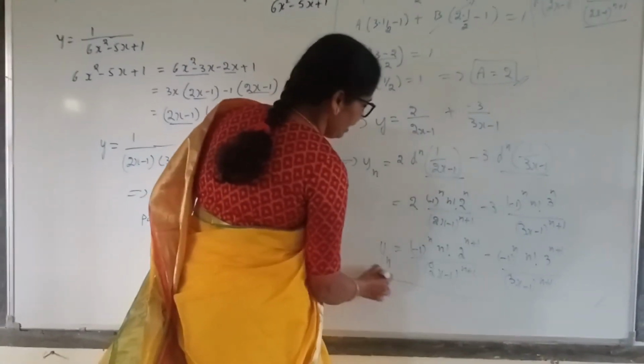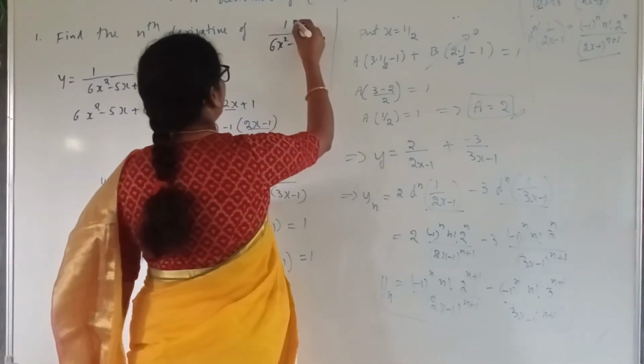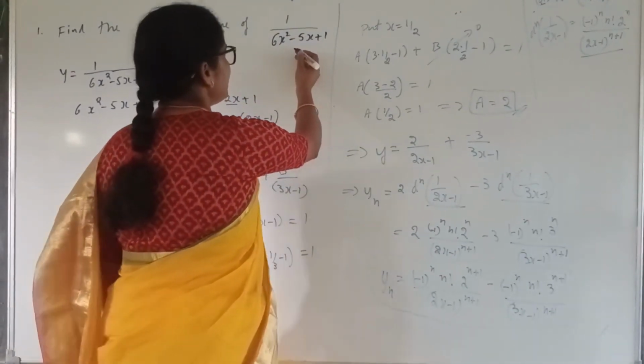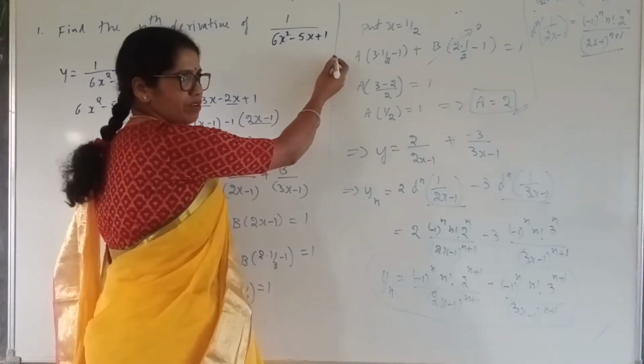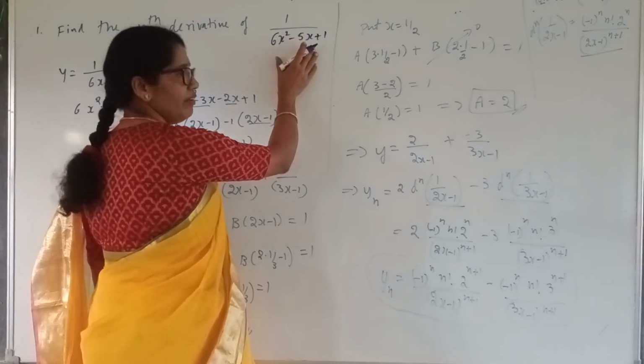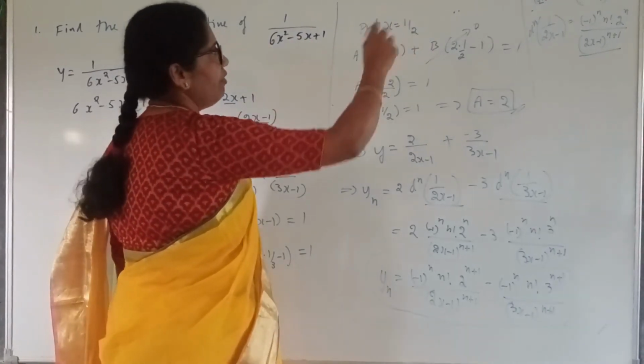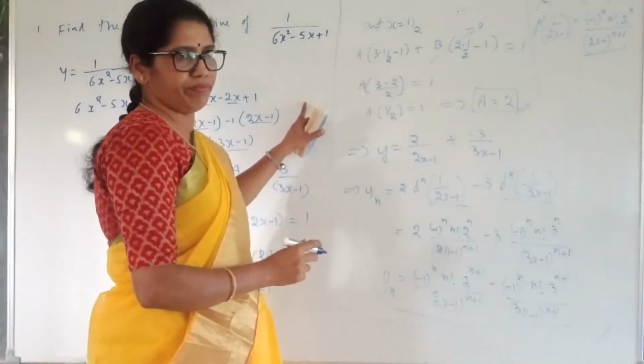This is the required nth derivative of the function y is equal to 1 by 6x square minus 5x plus 1. Like this, we can find the nth derivative of the given function by using the nth derivative of 1 by ax plus b. Thank you.